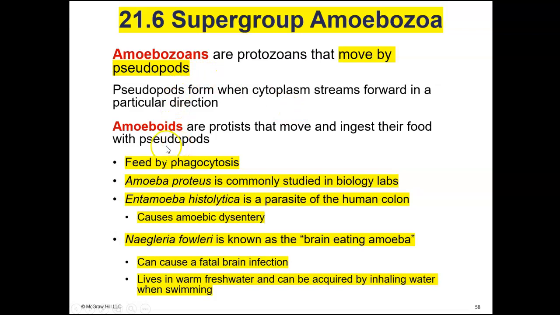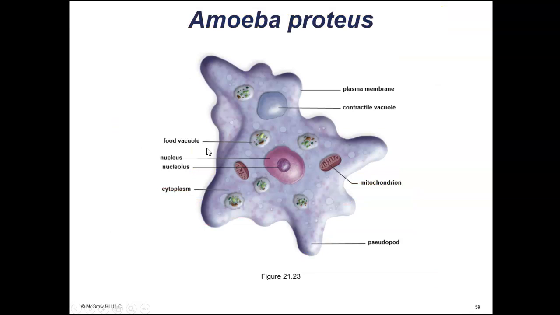So the amoeboids move and ingest their food with pseudopods. So they move and feed with their pseudopods. Let's look at a picture. So if this is a typical amoeba, which is shaped kind of like a blob, you'll notice that it has these extensions of its cytoplasm that stick out, and that's a pseudopod.